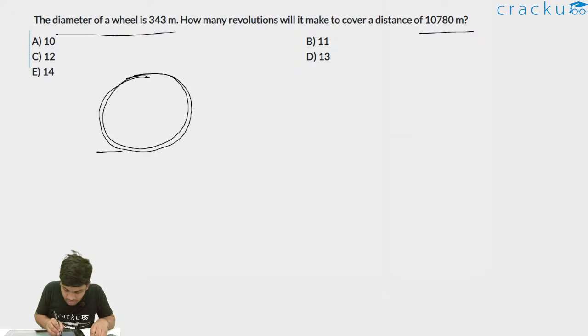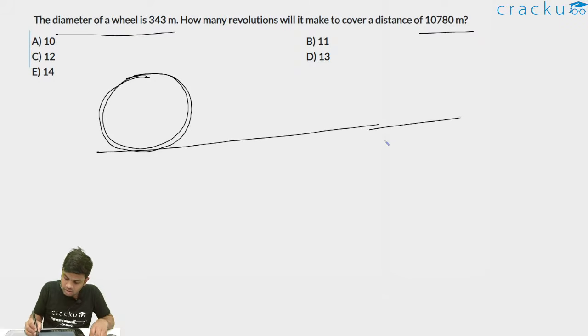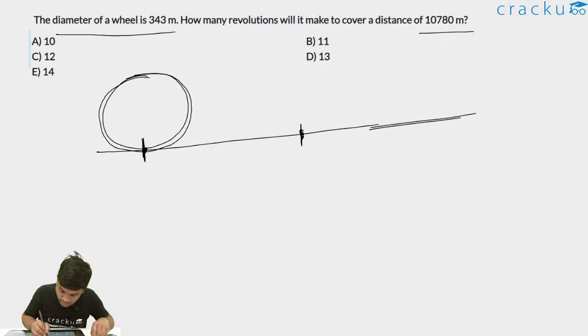So when wheel is moving on a straight path, let's say the wheel is starting from here. So let's say from here to here, it goes in one round. So that means the point which is here touching the ground will be the same point which will touch the ground here. And in between, all the other points will touch the ground exactly once.